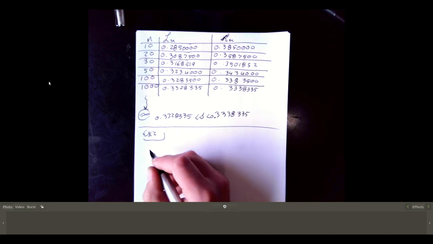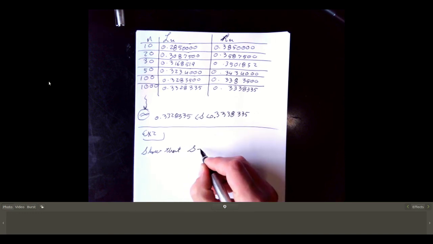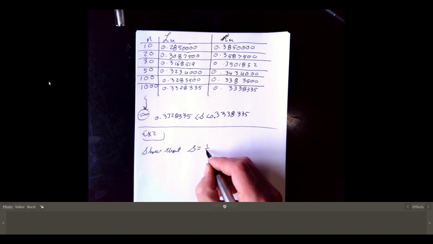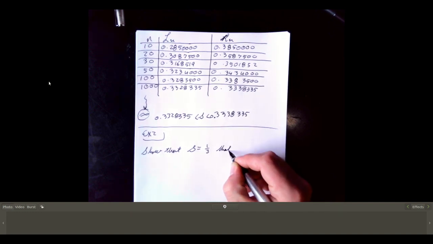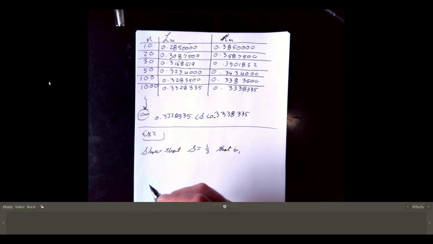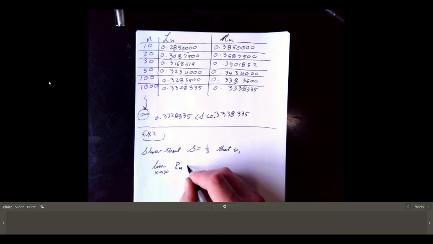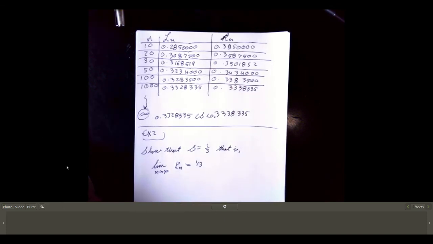In example 2, we're going to show that S is equal to, well, this looks like it's about 1/3. That is, we're going to show that the limit as n goes off to infinity of R sub n is equal to 1/3. Perfect. Let's get set up on a new page.